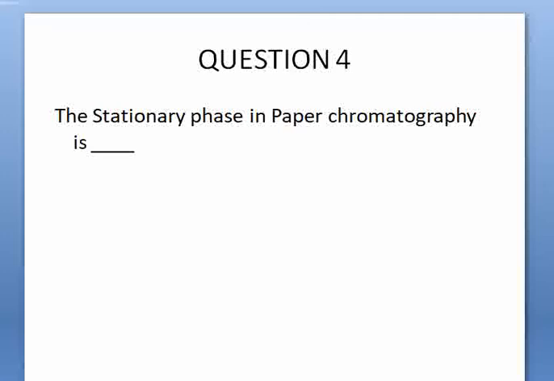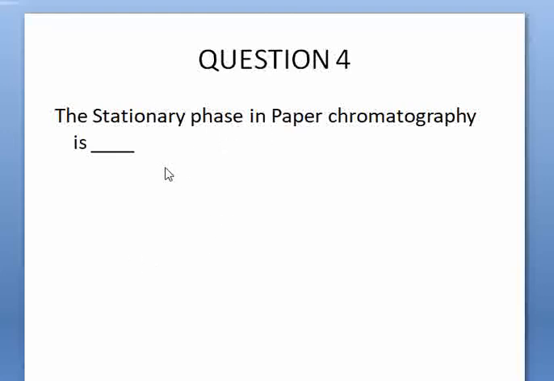Fourth question is the stationary phase in chromatography. This is one important question. These questions they have asked in the Polytechnic PGTRB question in 2019, but there they have given the stationary phase is liquid.